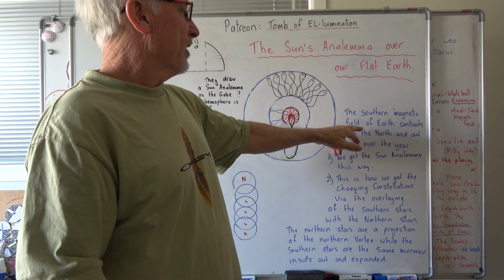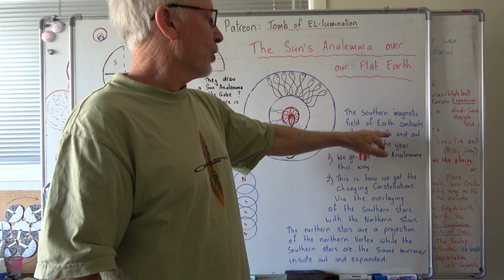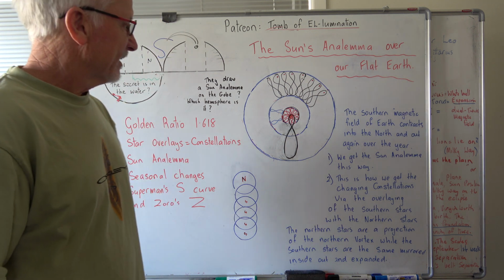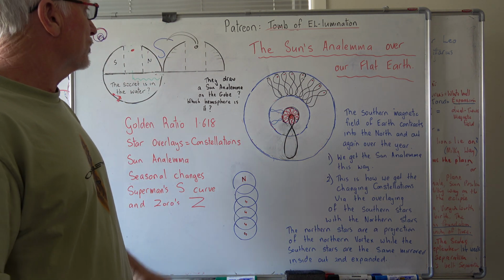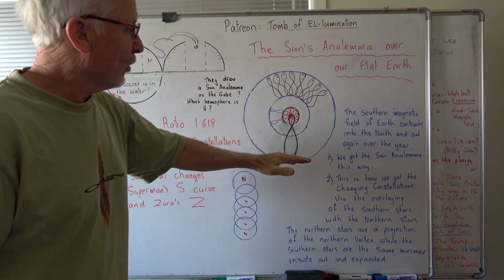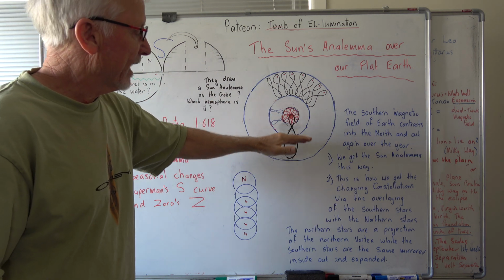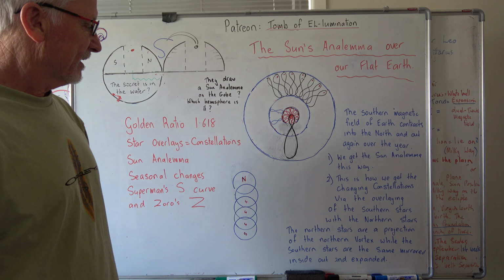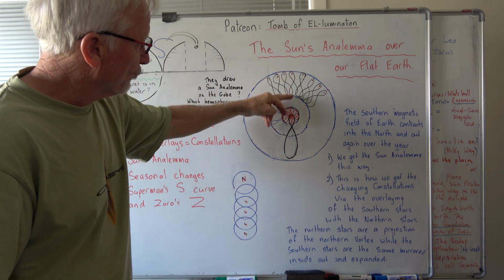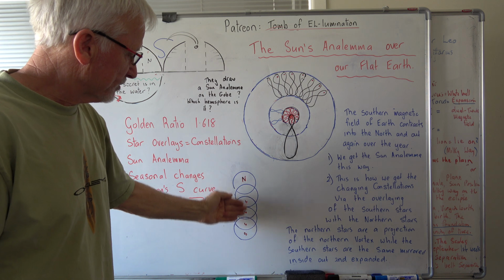The southern magnetic field of Earth contracts into the north and out again over the year, because it's a vortex. It's an S-curve vortex like the heart, and the whole field moves in and out. Okay, is it here? It represents one meridian, one observer's meridian.